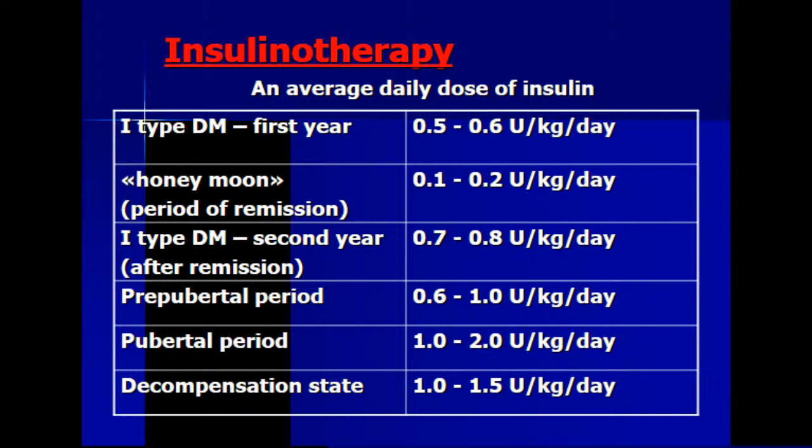Pubertal period: 1 to 2 units per kg per day. And the decompensation stage, when ketoacidosis develops: daily dose of insulin around 1 to 1.5 units per kg per day. Keep this information in your memory, please.